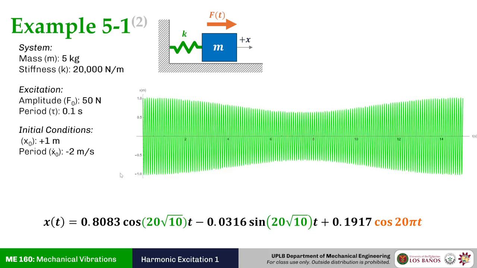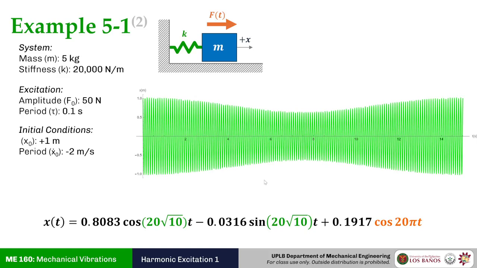Yeah, it looks like a very tight wave. So here's the thing. With free response, it's really easy to interpret the graph in the time domain. But now since we have a forcing disturbance that evolves over time, it can sometimes be a doozy to interpret what your response is in the time domain.